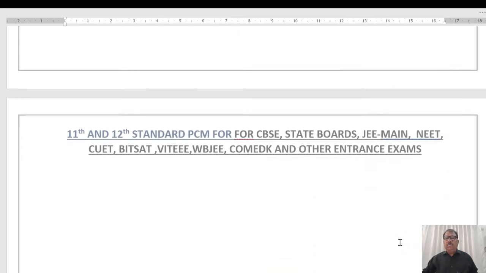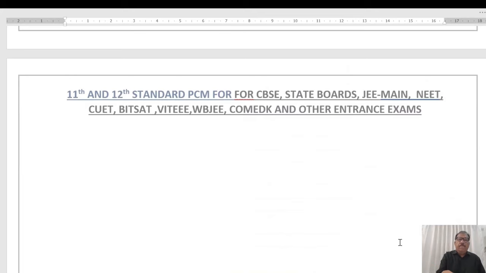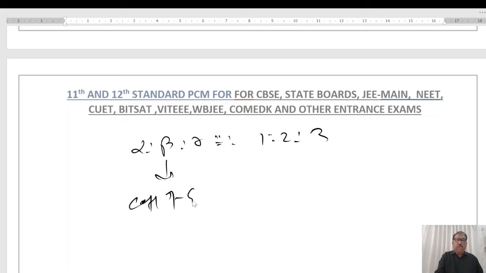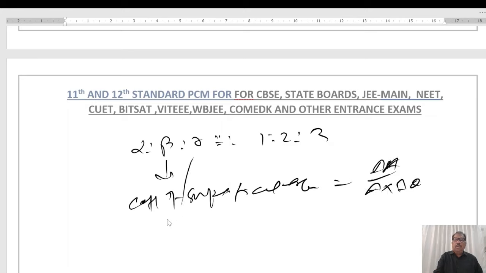In addition to this, I will provide certain information. Alpha is to beta is to gamma is to 1 is to 2 is to 3. Coefficient of superficial expansion, that is delta A upon A into delta theta.